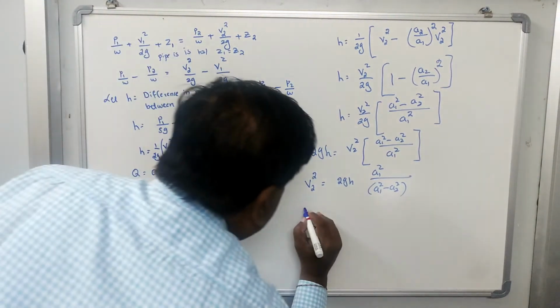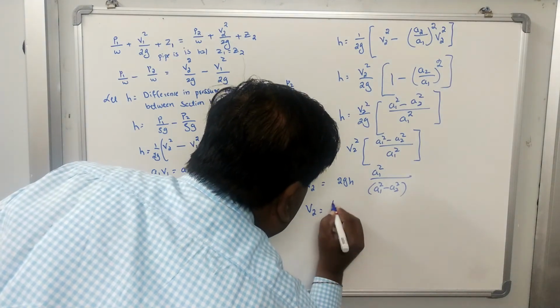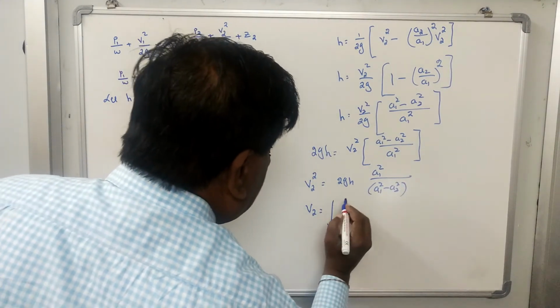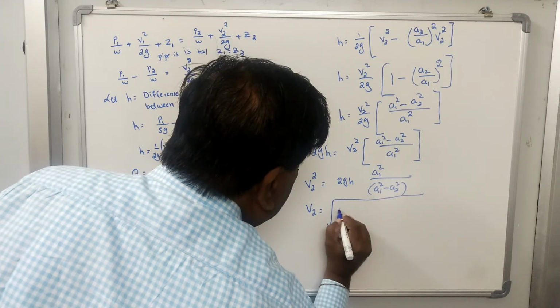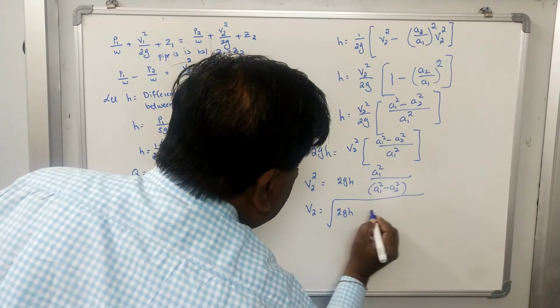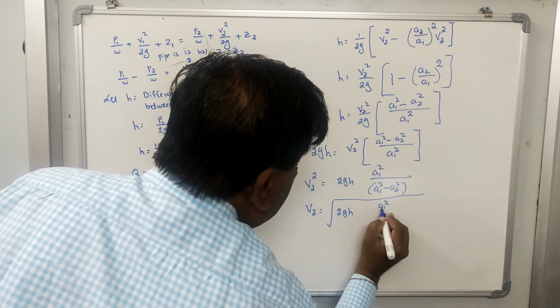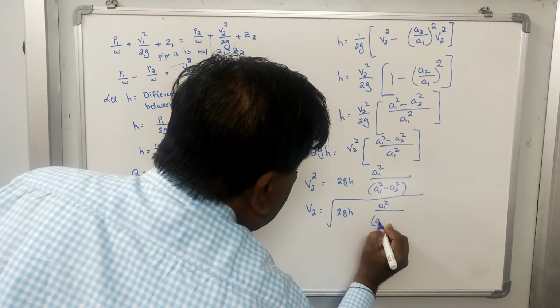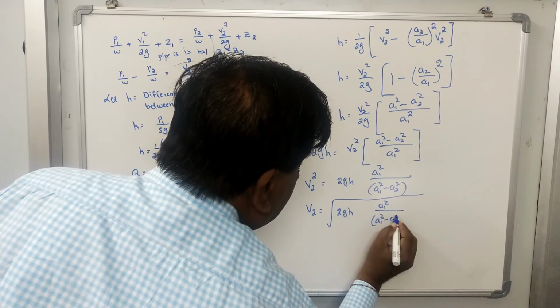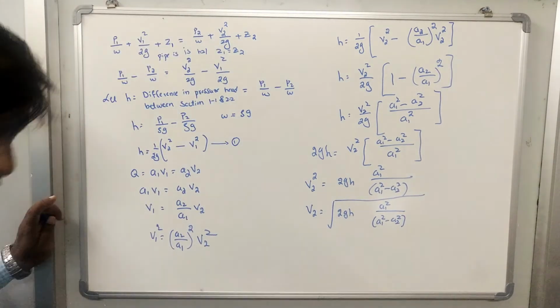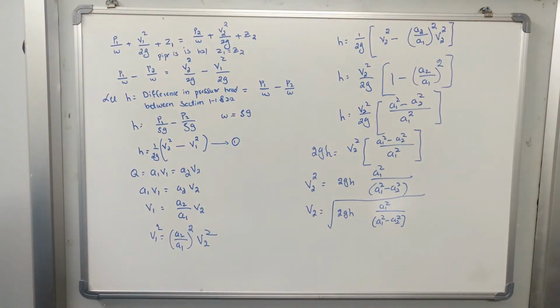Or V2 is equal to square root of, taking the square root on both sides, 2GH A1 square divided by A1 square minus A2 square. Since Q is equal to A2 V2, substitute the value of V2.